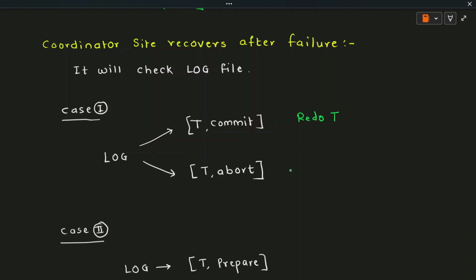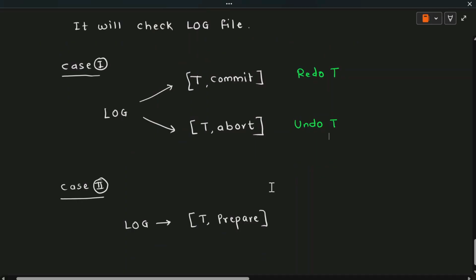And if an abort message is inside the log file, then an undo message will be sent by the coordinator to the participating sites and the transaction will be aborted. In case 2, when the coordinator recovers from the failure, if it finds a prepare message inside the log file, then the coordinator decides to abort the transaction and conveys it to the participating sites. So with this, we come to know how recovery is done in distributed databases.